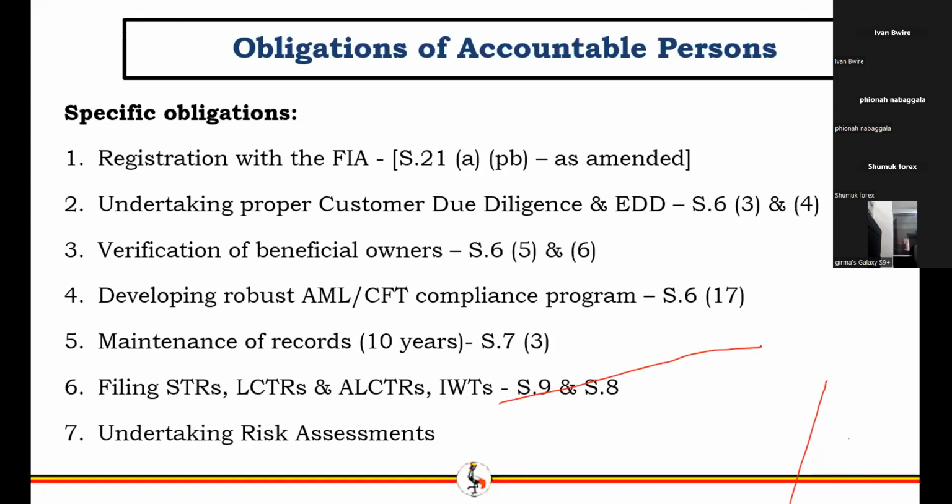That way you can put in place appropriate mechanisms to mitigate the risks. If you identify that you are dealing with a politically exposed person, then you know to rate this person as high risk, so this will be my strategy, or this is how I mitigate this risk. So that is why this is important.